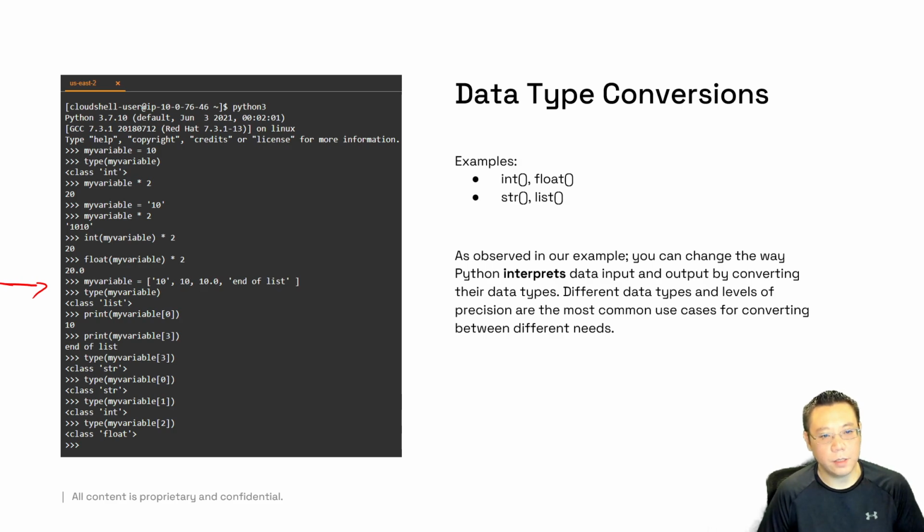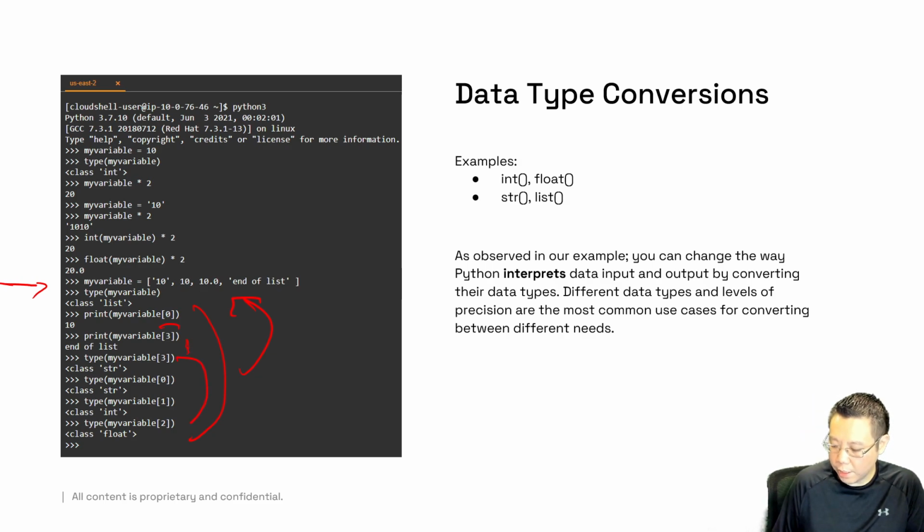We have a type of my list, and how we reference each element of this list is with brackets at the end of my list reference. 0 for the first one, 3 for the last one, and we can always use type against each element to verify our interpreted inputs.